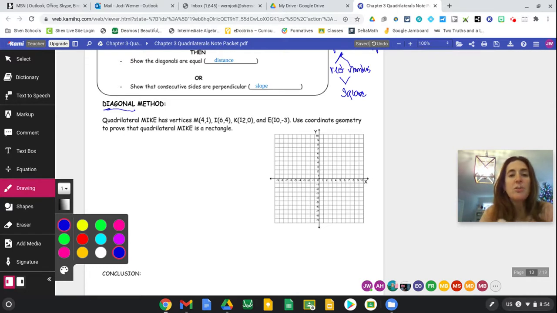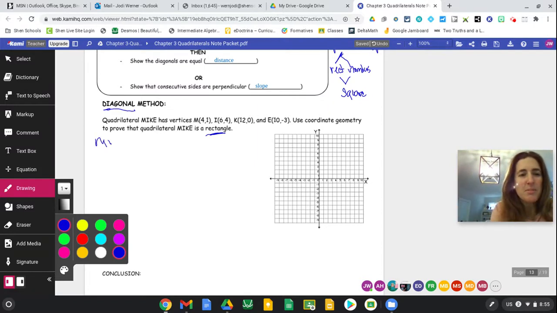Because to be a rectangle, you first have to make it a parallelogram. So it looks like only one proof, but this is actually two proofs in one. I'm going to start by doing the midpoint of my diagonals to make that shape a parallelogram first, and then the rectangle.